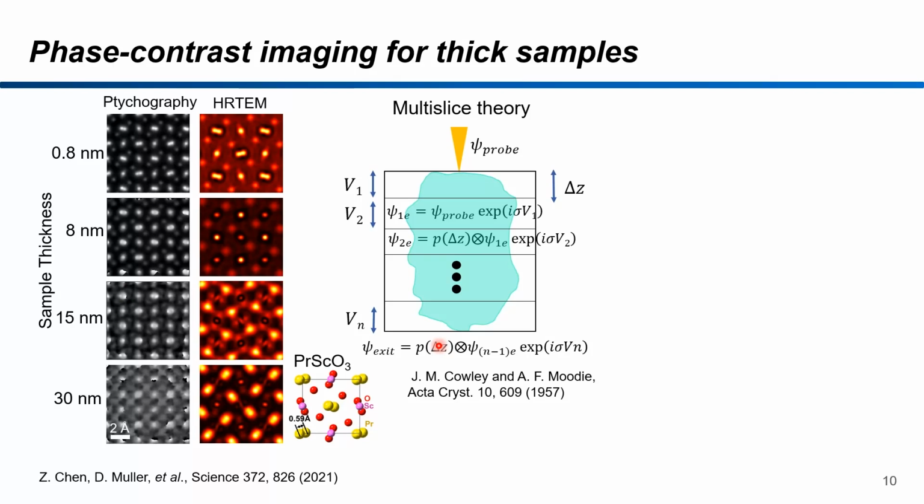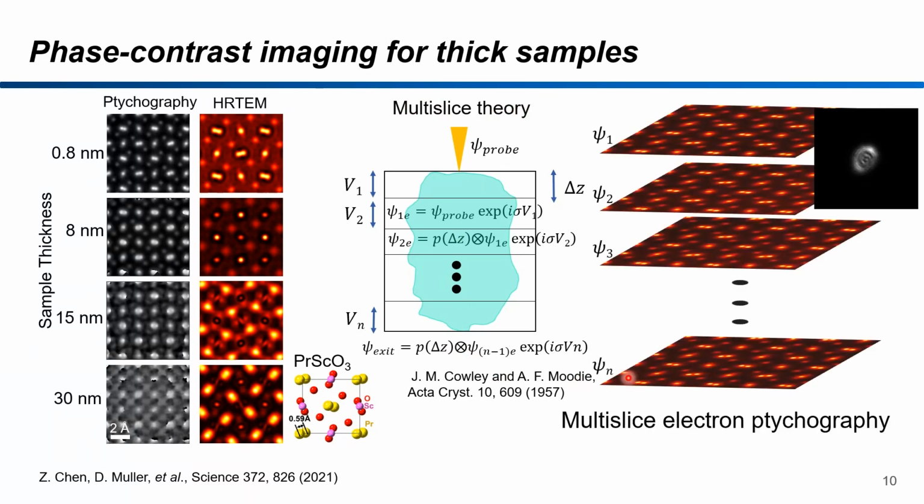So we can model this multiple scattering by using multislice theory, and following the same idea, we can have this so-called multislice electron ptychography.